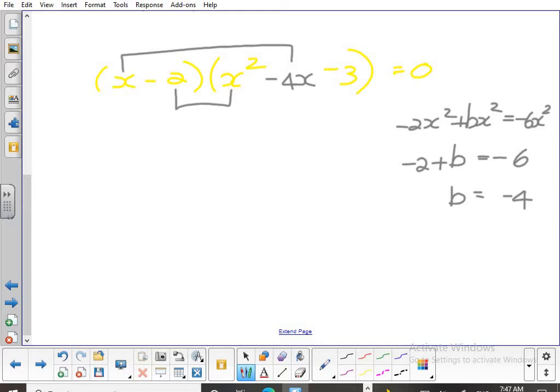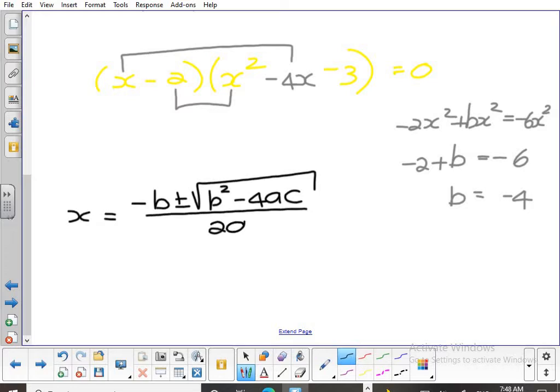I need factors of 3 to subtract to get 4. Not a chance. Not a chance of that happening. So what do I do? I go to my formula. So if I go to my formula, the formula states this. X equals minus b plus minus the root of b squared minus 4ac over 2a.